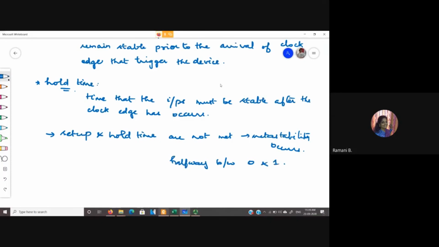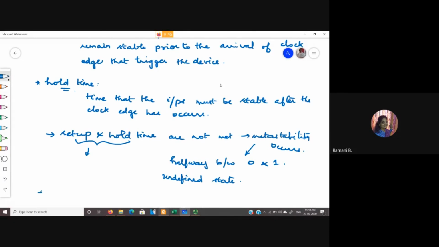It will eventually settle down, but for some time you will be in an undefined state, as the voltage level will not be conforming to either logical 0 or logical 1. This causes problems with respect to the operation of the digital system. So this requirement should always be met. You should not violate the setup and hold time requirement, otherwise you will get into a condition called metastability.